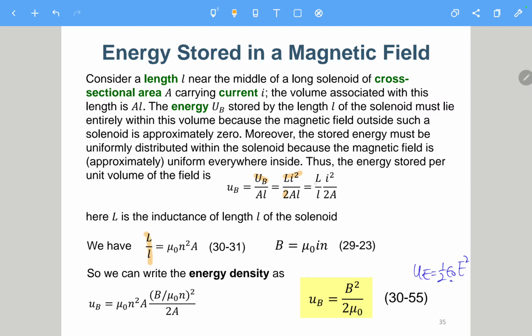So this L over l here, and also i. So i equals B over mu 0 n, and then we put it in here. For the first term, L over l is this one, and i squared is this quantity squared, and then over 2A is here.